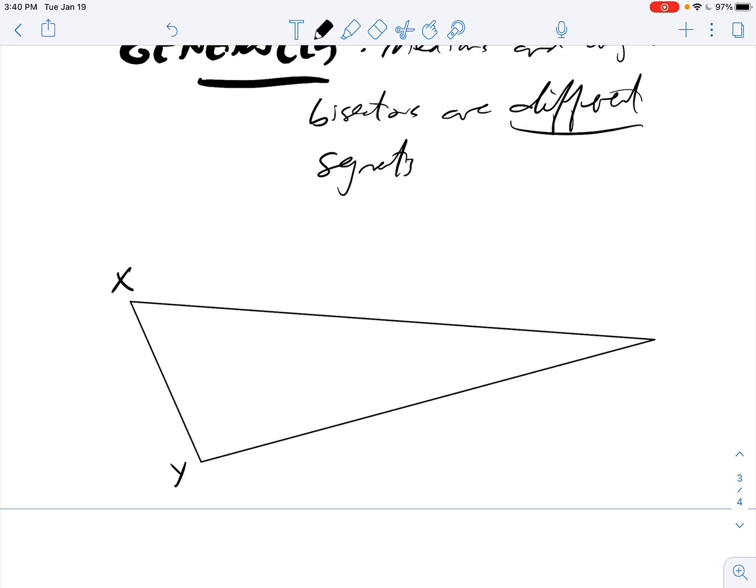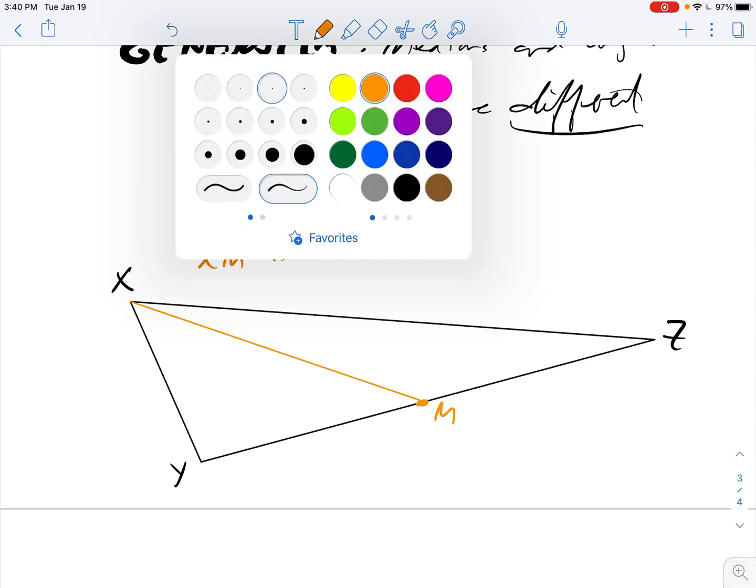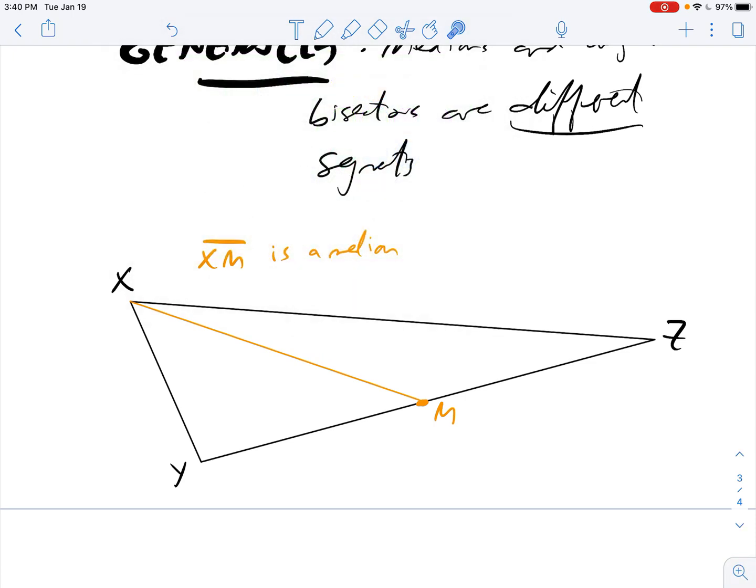So in this example, for segment YZ, it looks like our midpoint is somewhere around here. So segment XM is a median. But in terms of bisecting the angle, if I want to bisect this angle, it looks like it would be more like so.